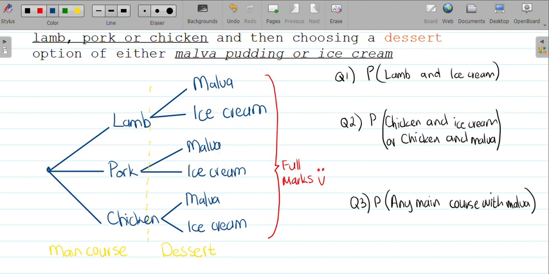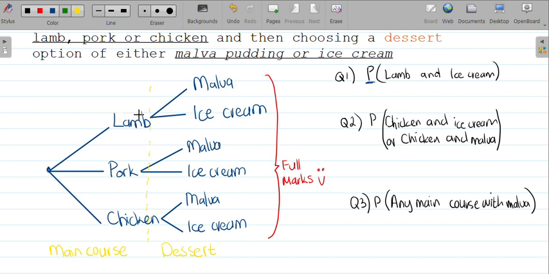Why don't we have a look at answering the question? Question one is asking for the probability of having a lamb and then choosing ice cream. What I wanted to highlight to you guys is that this is another way of answering questions from a tree diagram. Let's quickly list the total number of possibilities from this tree diagram.